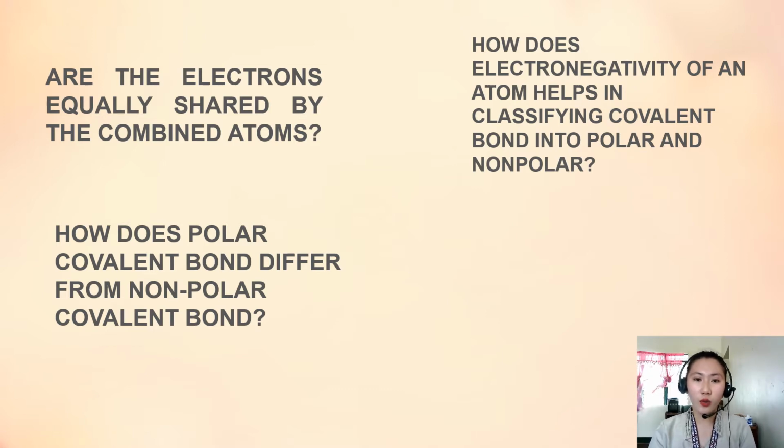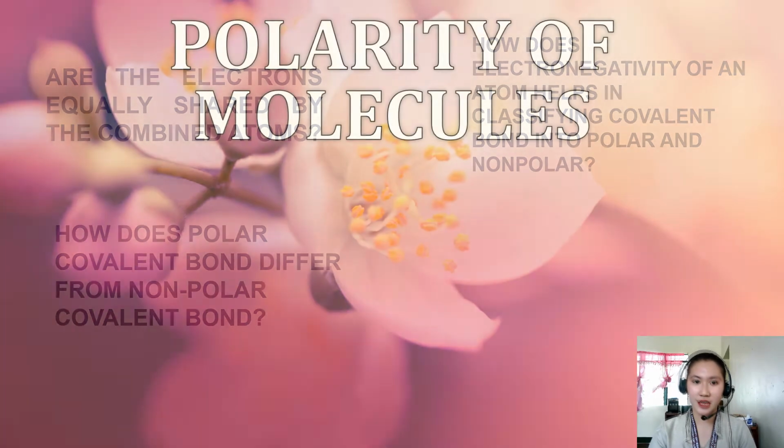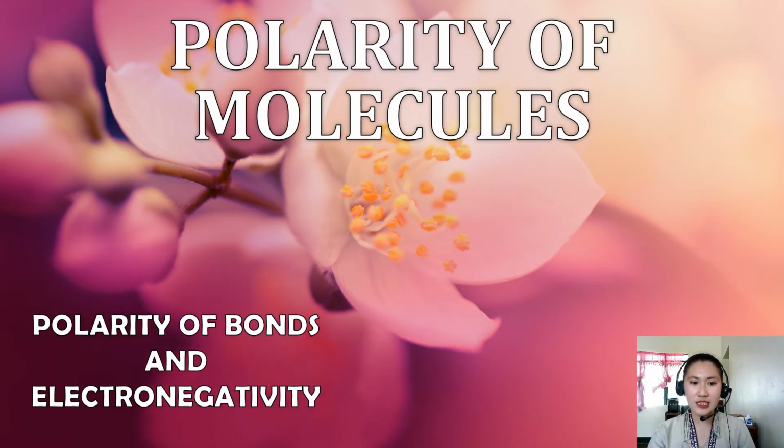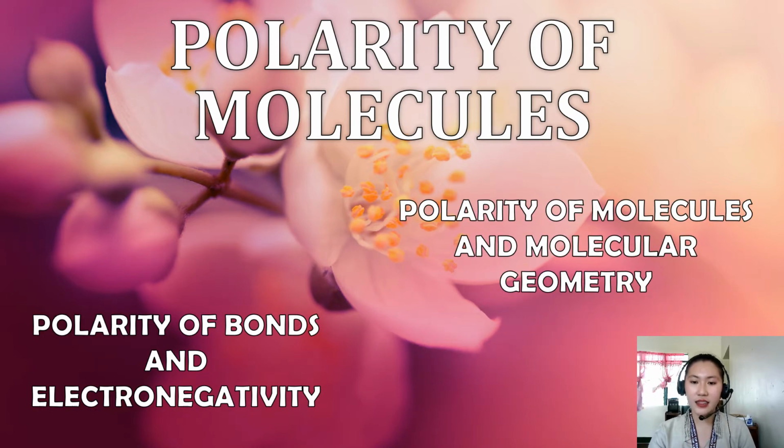So these questions will be answered as we go along our discussion for today. Polarity of molecules is determined by two factors. First is the polarity of bonds and electronegativity, and the second is the polarity of molecules and molecular geometry.